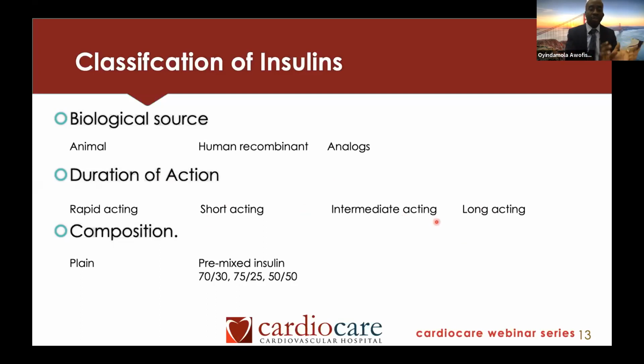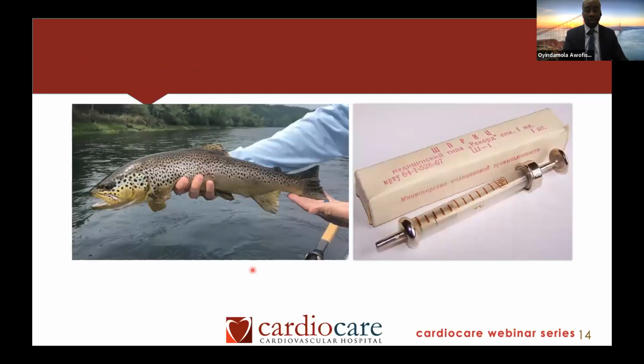So we have the rapid-acting component that will act before the meal, and the long-acting component that will give a basal component to it. And all the premixed insulins have a ratio that is written for them. So for example, 70-30 means 70% long-acting, 30% short-acting, and it goes for all the other components as well.